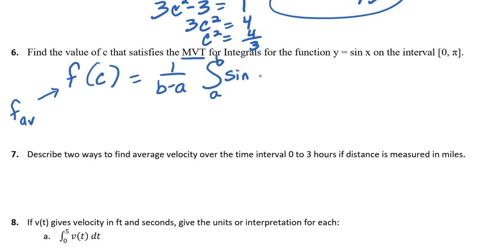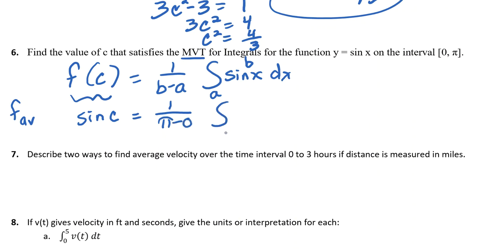So our integral has an integrand of sine of x. All right, so we want to do some work here, and you could work on both sides. So this is going to become sine of c. And on this side, we want pi minus 0, so of course you could just put 1 over pi.